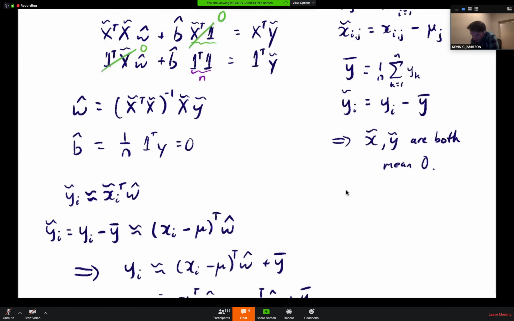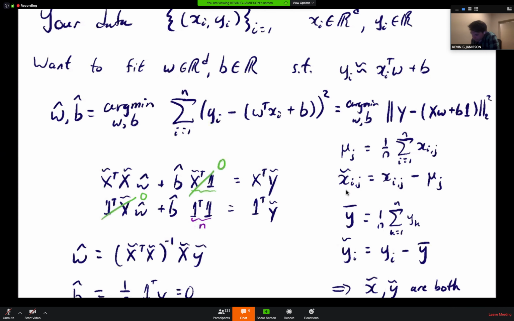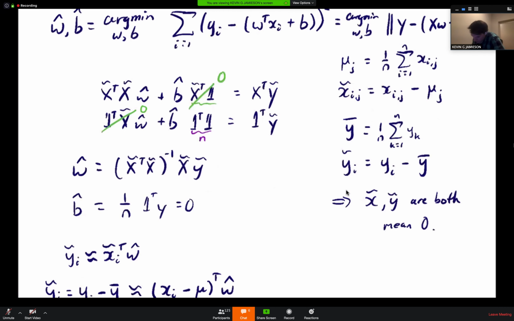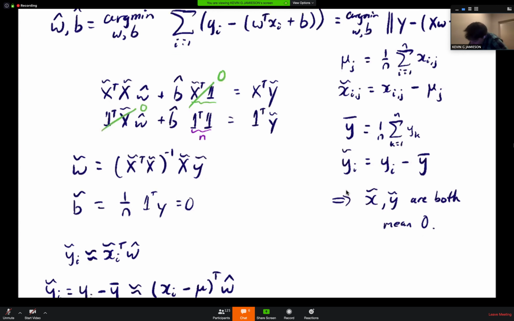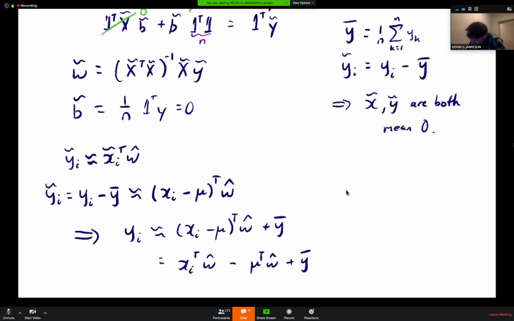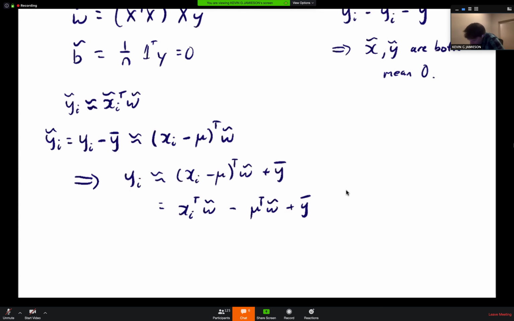And so if you want to go back to these up here, if I want to run my original b and w, maybe I should call these w tildes, b tildes, just so I'm not confusing anyone. So then what I have here is just equal to xi transpose w tilde plus y bar minus mu transpose w tilde.